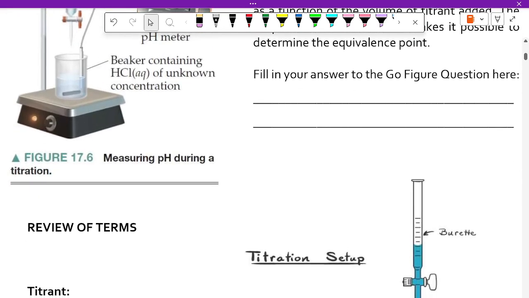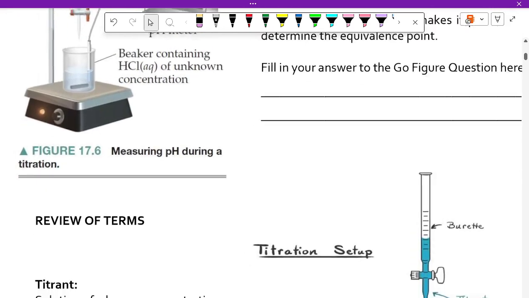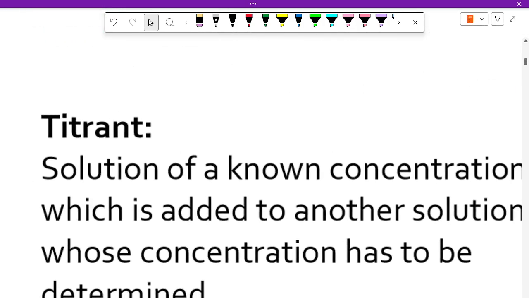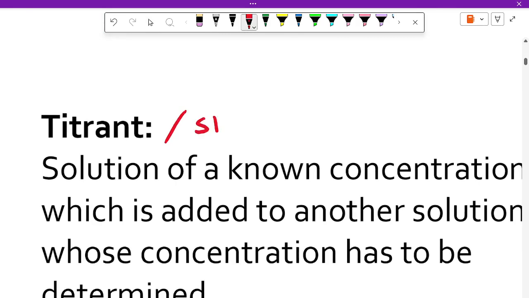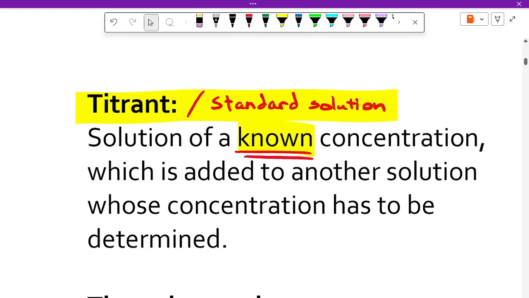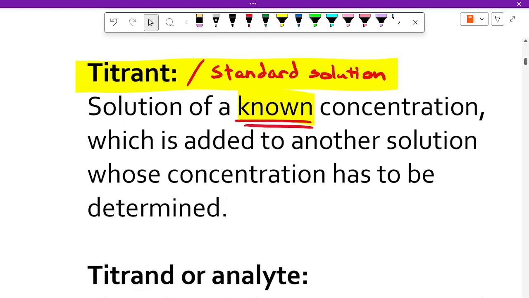All right, a review of terms. Here's our titration setup. What else is the titrant known as? That is our standard solution. And is that the known or the unknown? That is our known. Let's get rid of the titrand, because that's too confusing.